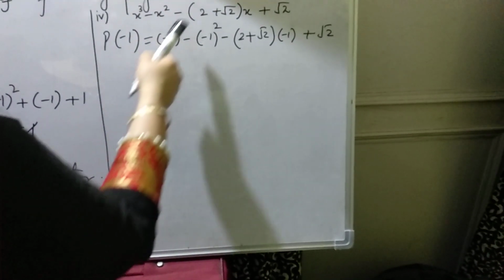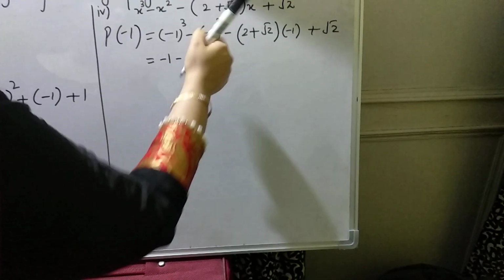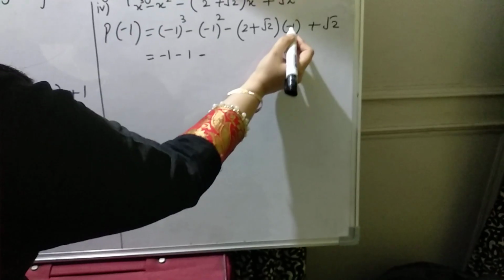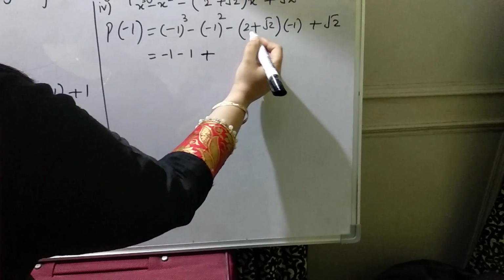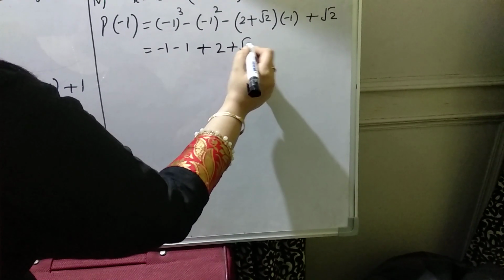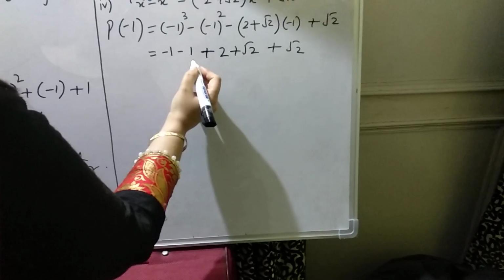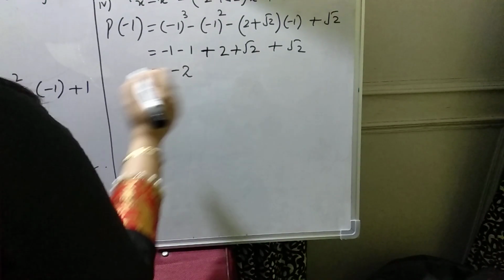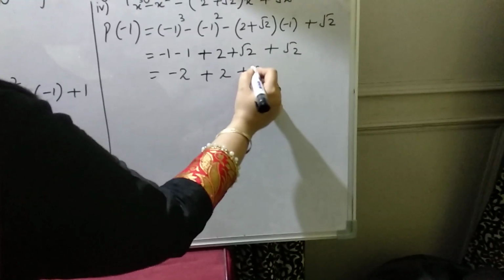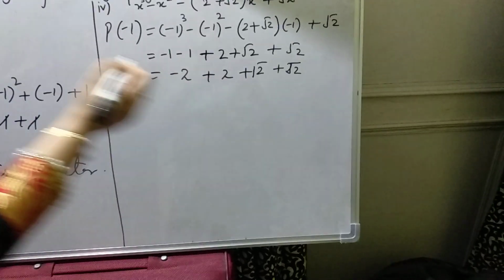Now minus 1 cube is minus 1, minus minus 1 square is minus 1, minus 2 into minus 1 is plus 2, root 2 into minus 1 is minus root 2, and plus root 2.